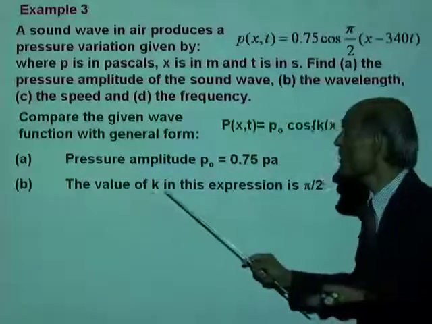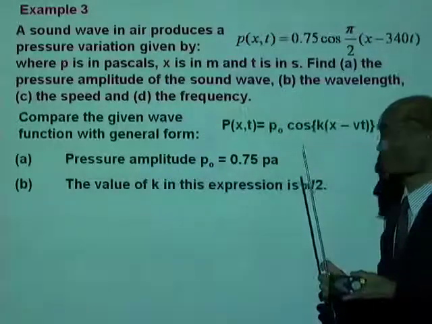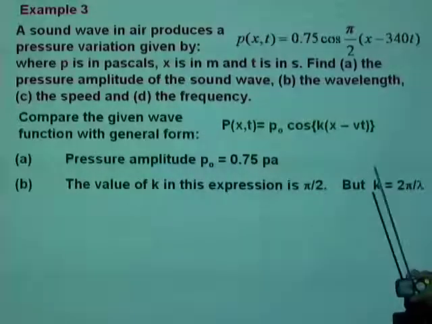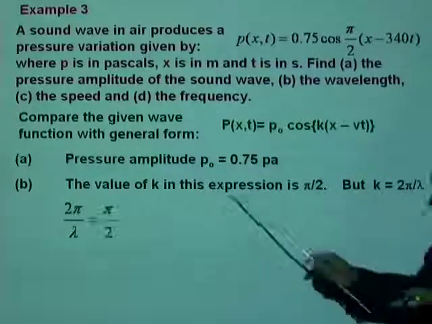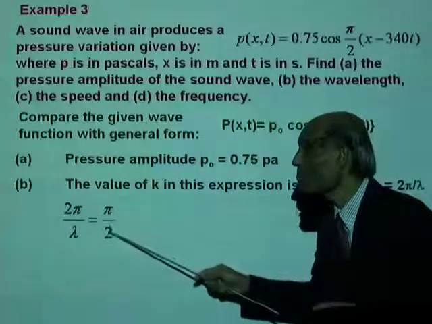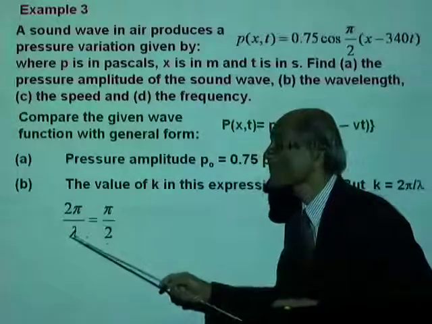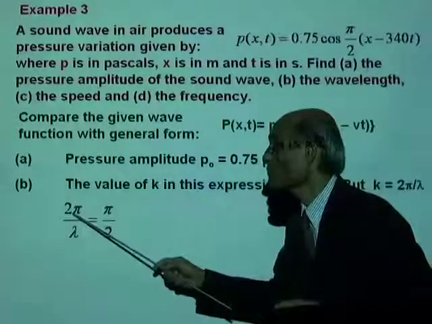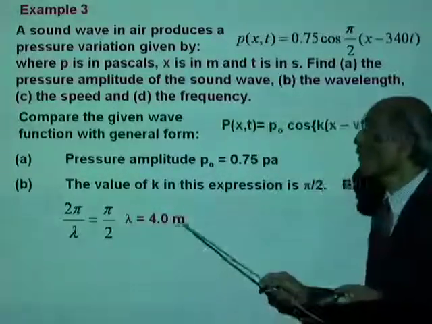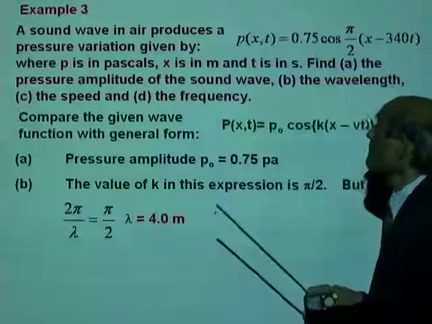The value of k in this expression is pi by 2. But k equal to 2 pi divided by lambda. So we say 2 pi divided by lambda equal to pi by 2. Can you solve for lambda from here? Well, I can tell you from one look, pi and pi cancel. Lambda equal to 4 meter. So you obtain the wavelength.